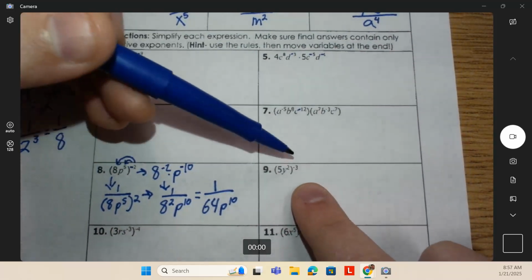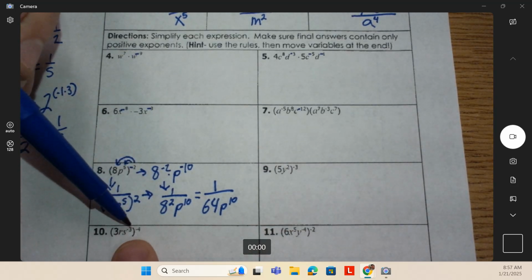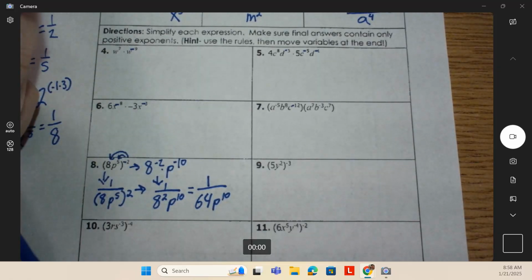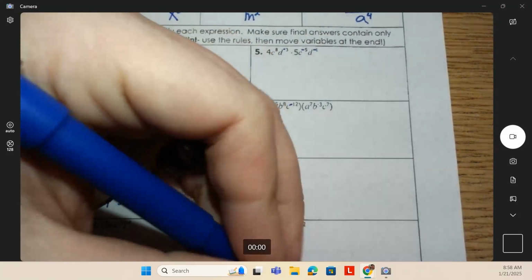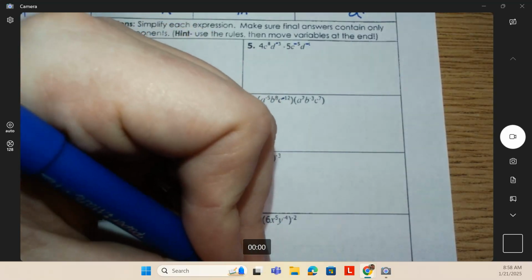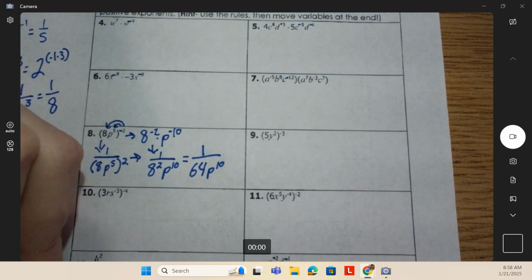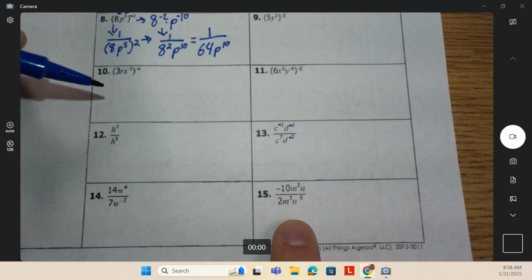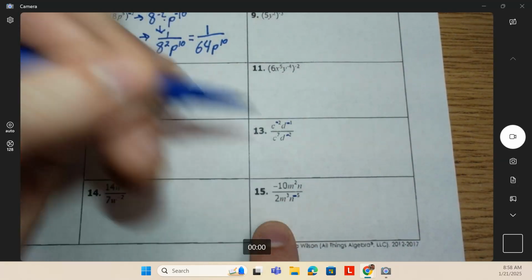Looking on through, number 9 is to the negative third. On 10, there's a negative 3 and negative 4. On 11, it's y to the negative fourth and a negative 2 there. 12 doesn't have any negatives. 13, c to the negative second, d to the negative first, and then you have d to the negative second there. 14, you have a negative 2 down on the bottom. 15, n to the negative fifth down on the bottom there.